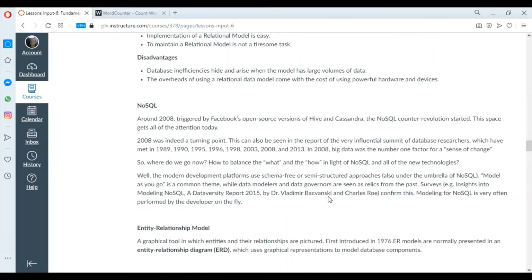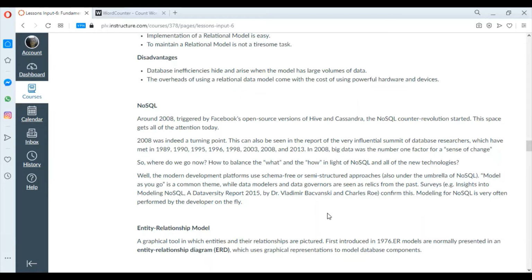Modern development platforms use schema-free or semi-structured approaches, also under the umbrella of NoSQL. Model as you go is a common theme, while data modelers and data governors are seen as relics from the past. Surveys confirm this. Modeling for NoSQL is very often performed by the developer on the fly.